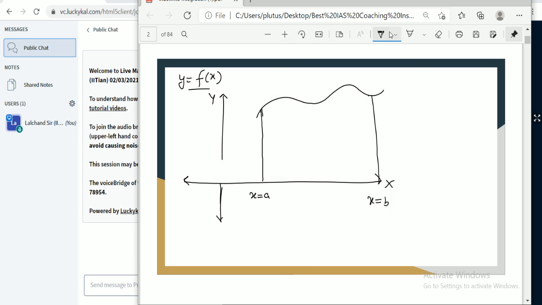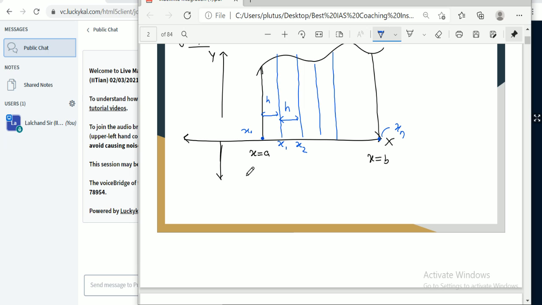If I divide this area into small steps, infinite steps, the width of each step is, let's suppose, h. Let's suppose this is x0, this is x1, this is x2, and on the final point, xn. The width is always equal.